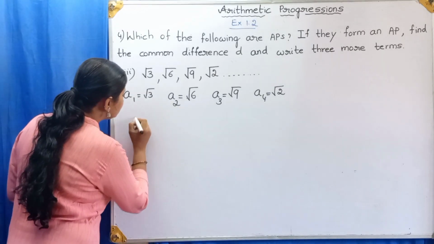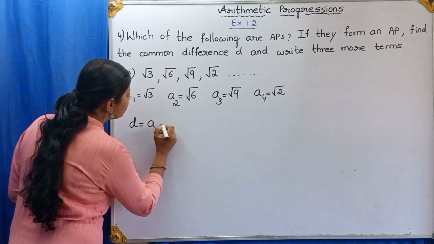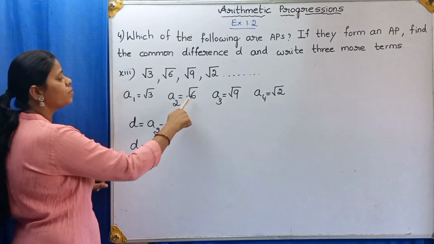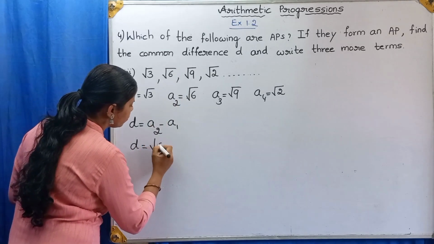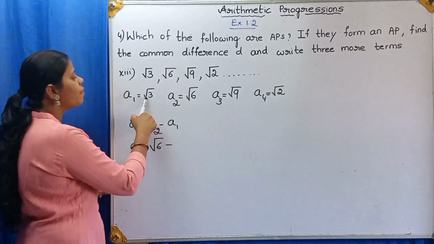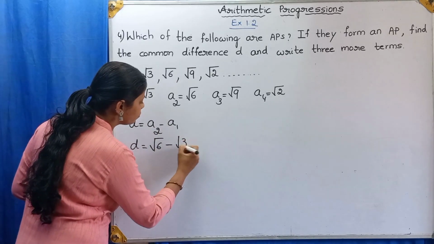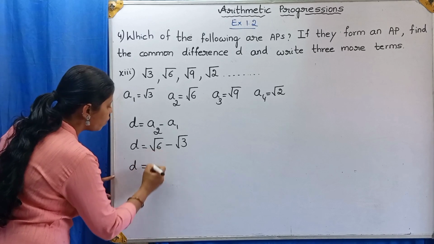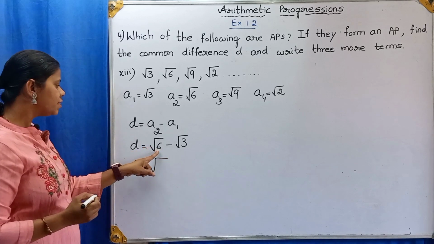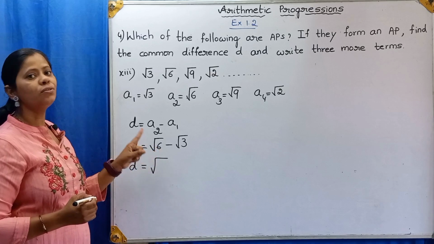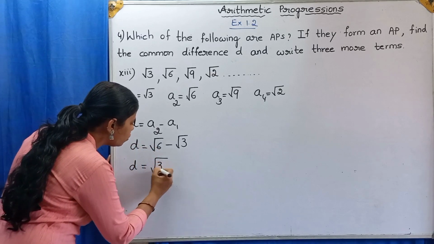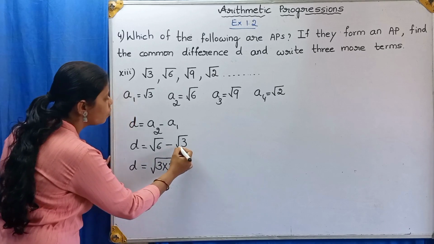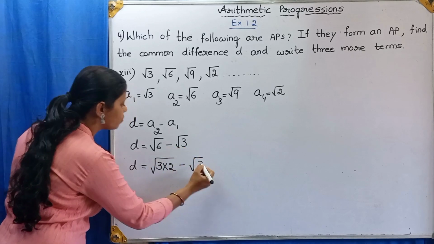First, let us find out the difference between these two. That is, d is equal to a2 minus a1. See, d is equal to a2, which is root 6, minus a1, which is root 3. d is equal to square root of this 6. It can be written as 3 into 2, isn't it? 3 into 2 is 6, minus root 3.